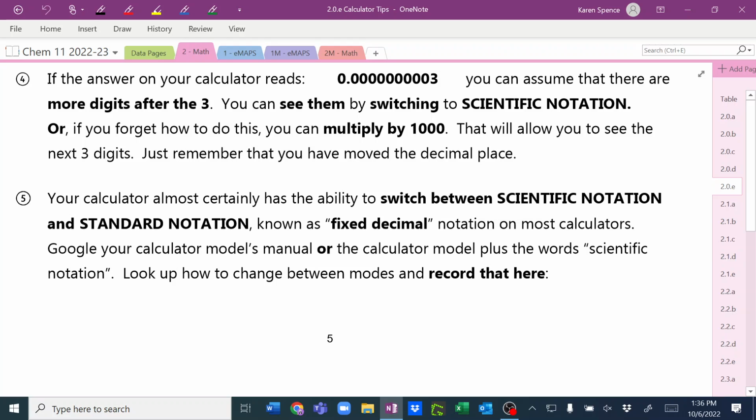You're like, what do I do with that? I wish my calculator would put this into scientific notation so I could see what my actual number is. I unfortunately do not know the ins and outs of all the calculators, so you will want to look it up. Look up your model number and look up scientific notation and fixed decimal, and see how to switch between those.